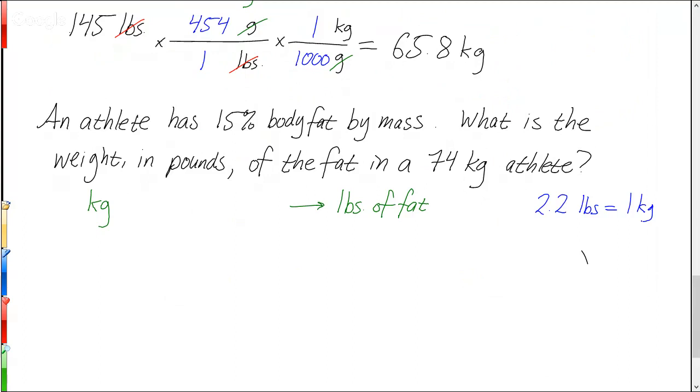So if you have that kind of plan in your head and you know how you would do that, go ahead, do that. But let me show you how this works in thinking of it as a conversion problem. What we would say is that from those kilograms, that's really kilograms of the person, we're going to get pounds of the person.